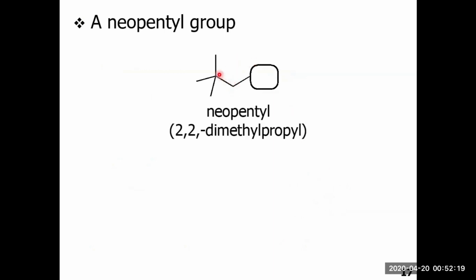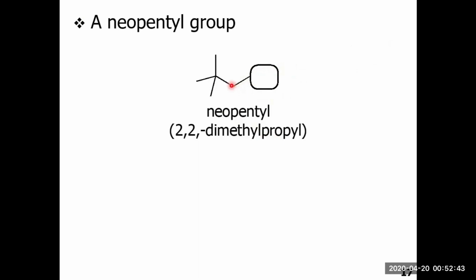Now, if I have a 5-carbon group, 1, 2, 3, 4, 5, this one is known as your neopentyl group. What's the systematic name for this? This one is known as 2,2-dimethyl propyl. Why? Again, this square thing here is your alkyl chain. Now this one is the branch point.